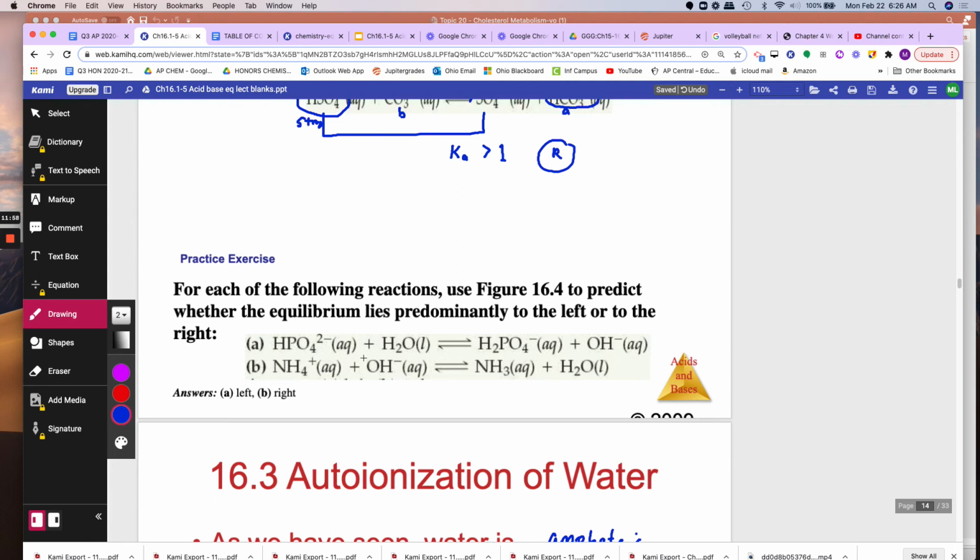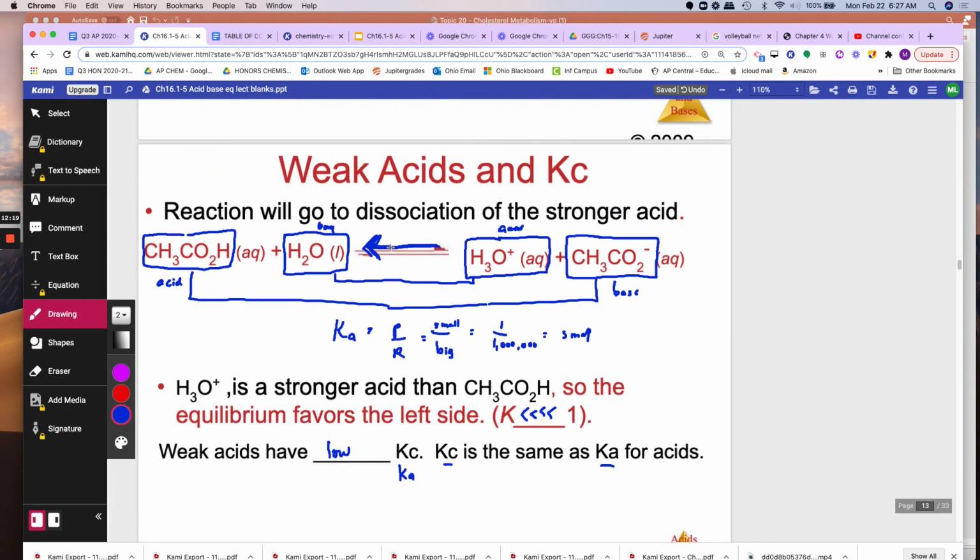So I'm looking at the two acids. Here's the pair. The acid is the one with more H's, so this is the acid right here. Okay, and then here's the other pair. So this one has more H's, so this is the acid. So compare water with H2PO4 minus. You look at the chart.